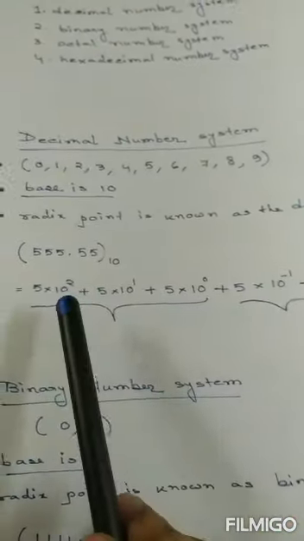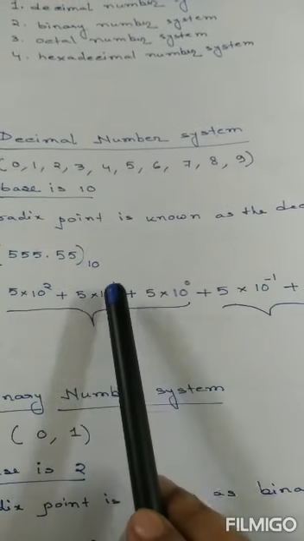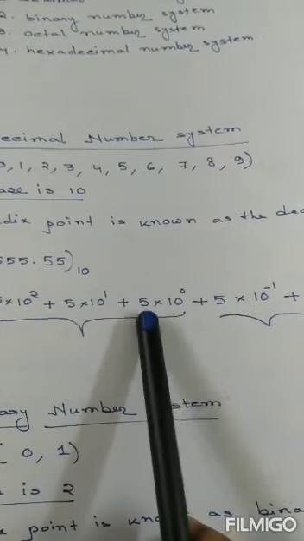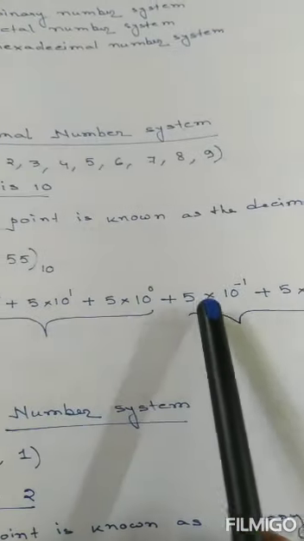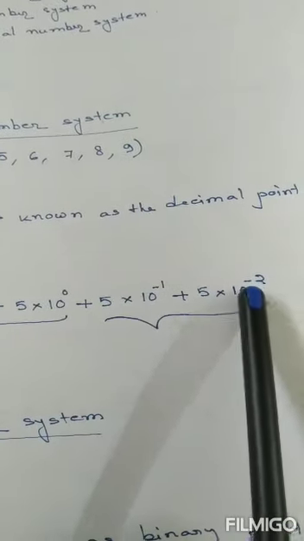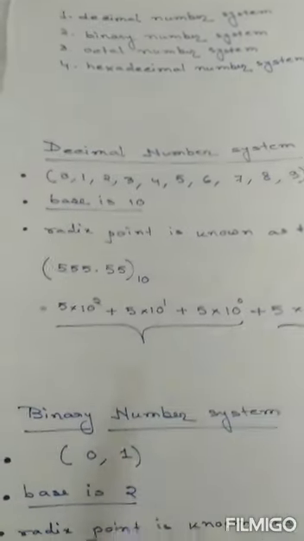So the total value is 5 into 10 squared plus 5 into 10 to the power 1 plus 5 into 10 to the power 0 plus 5 into 10 to the power minus 1 plus 5 into 10 to the power minus 2. This is an example of a decimal number.